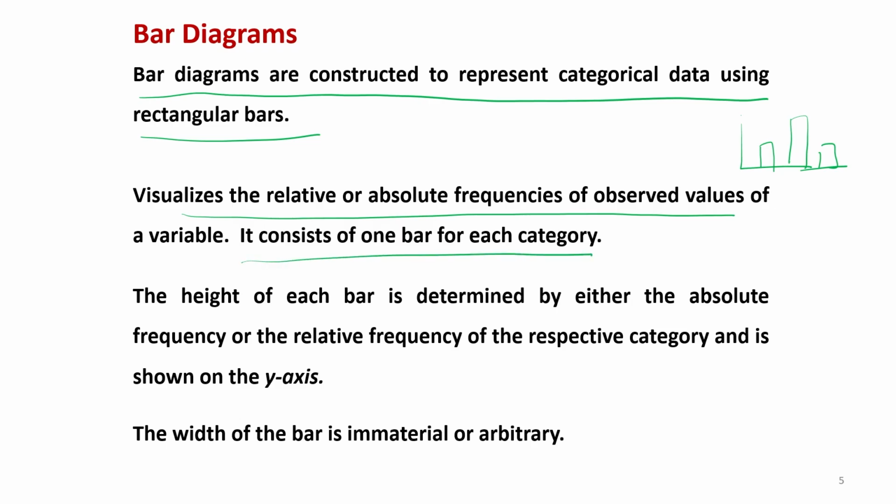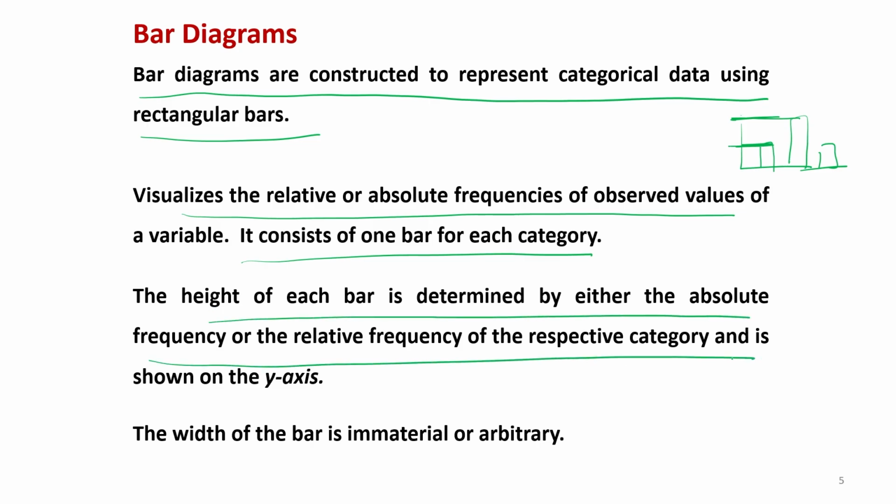The height of the bars is determined by the absolute or the relative frequency. For example, this is the height of the bar, this is the height of the bar, and so on. So the height of each bar is determined by either the absolute frequency or the relative frequency of the respective category, and this frequency is shown on the y-axis here.